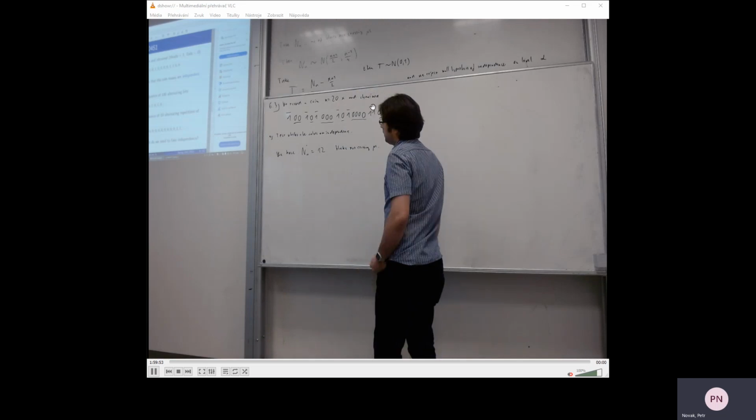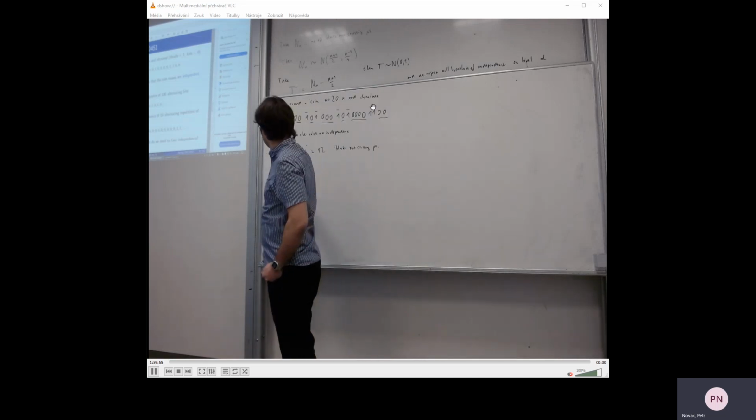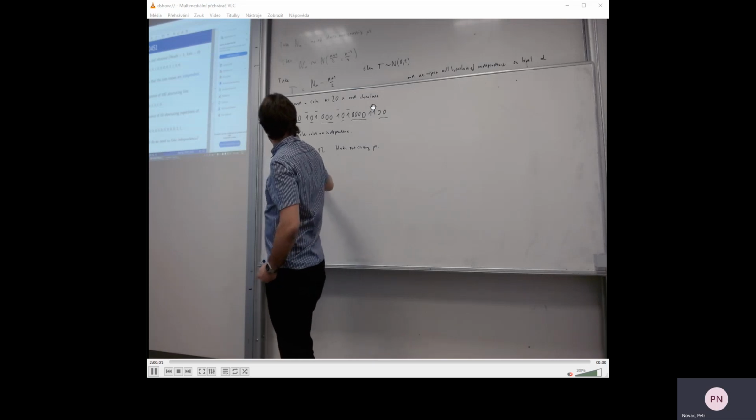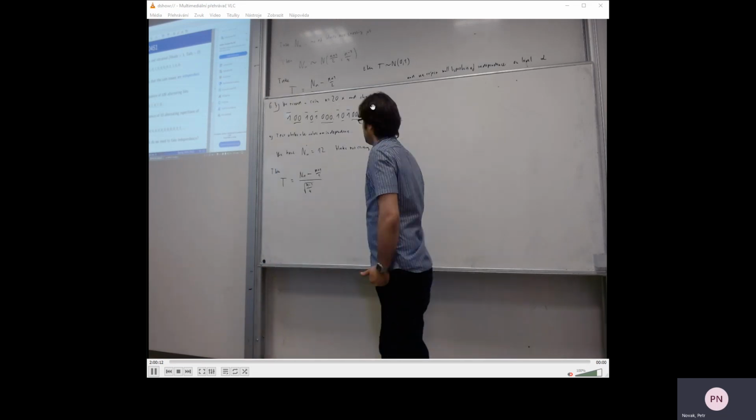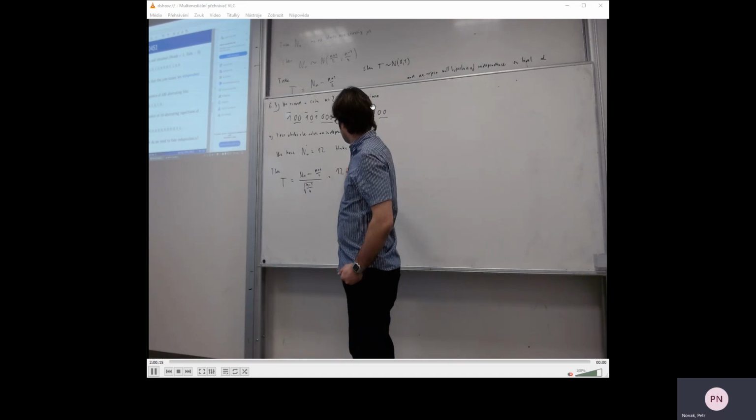Good. So the test statistic, which is N_n minus (n plus 1)/2 over square root of (n minus 1)/4, is 12 minus (20 plus 1)/2 divided by square root of (20 minus 1)/4.